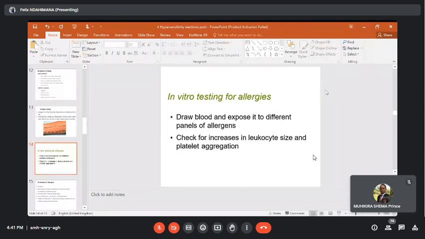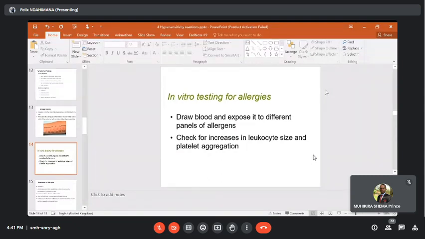They will be checking the leukocyte size, these white blood cells, or this granulated leukocyte. They will first be checking on their size, and then checking for platelet aggregation, because this is just the result of the allergic reaction. As I was saying, for this white blood cell to degranulate, they first expand, they increase in size.